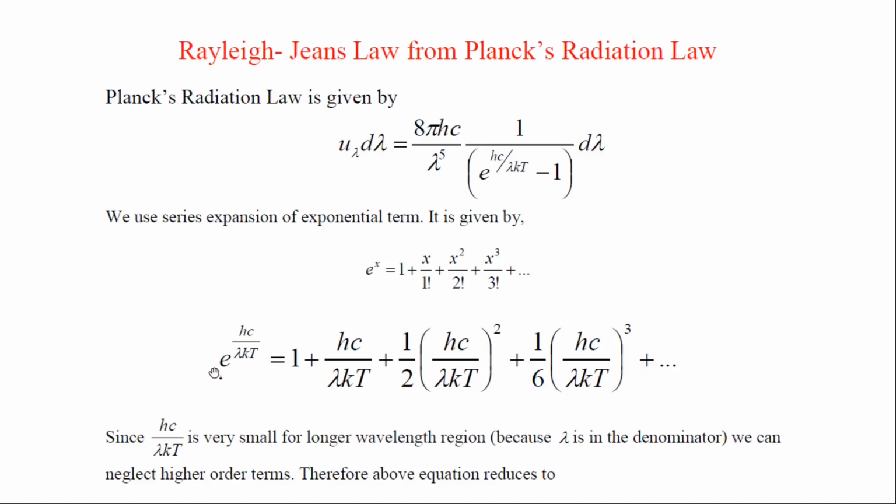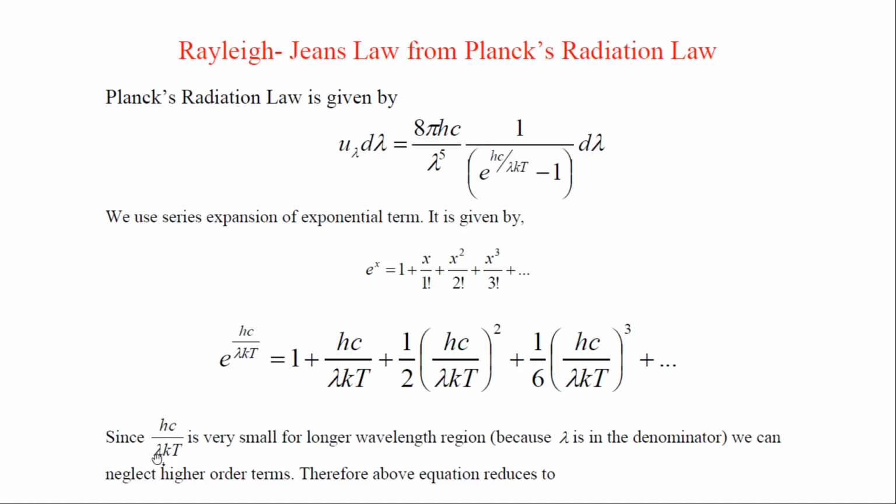It is equal to 1 plus hc by lambda kT, that is x is equal to hc by lambda kT here, plus 1 by 2, 2 factorial is 2, into hc by lambda kT whole square plus 3 factorial is 6, 1 by 6 into hc by lambda kT whole cube plus etc.